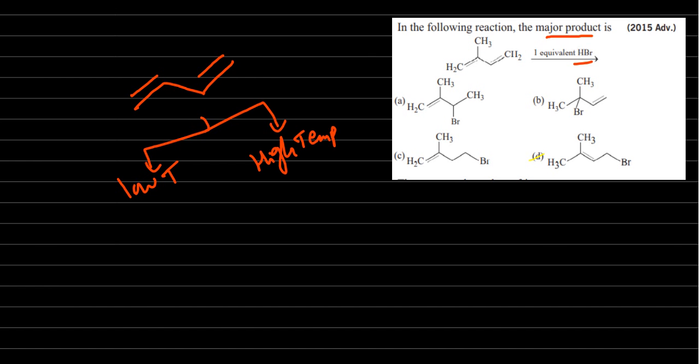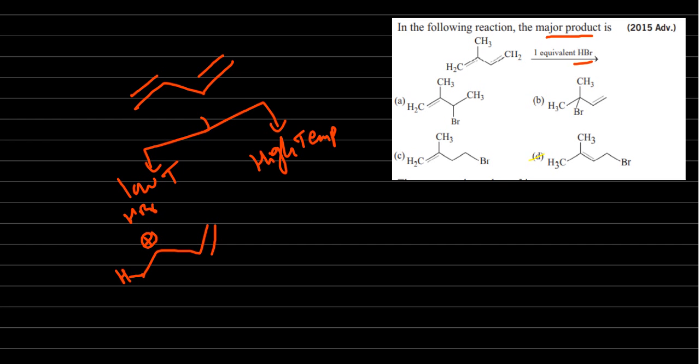So at low temperature, suppose HBr is there. With HBr it is an electrophilic reaction first of all. So the electrophile will attack according to Markovnikov's rule, at the middle carbon. So here first H will attack, then the carbocation is forming, then the double bond.